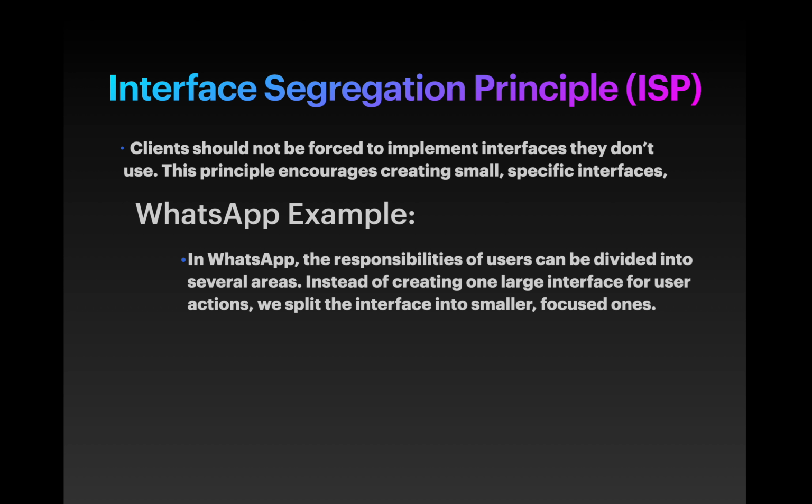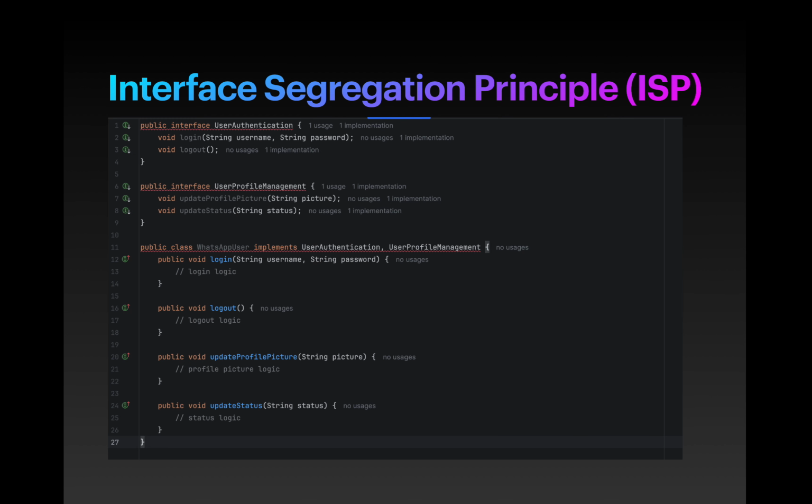Instead of creating one large interface for user actions, we can split the interface into smaller and focused ones. In this design, if a class is only concerned with authentication, it can only implement the user authentication interface. Similarly, if a class only deals with profile management, it can only implement the user profile management interface. This way we can avoid forcing a class to implement methods it doesn't need.